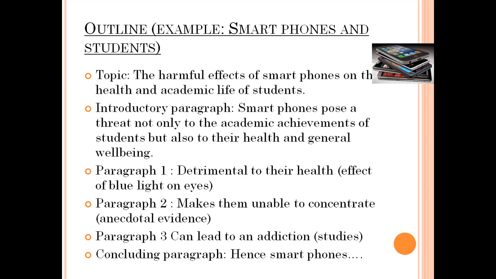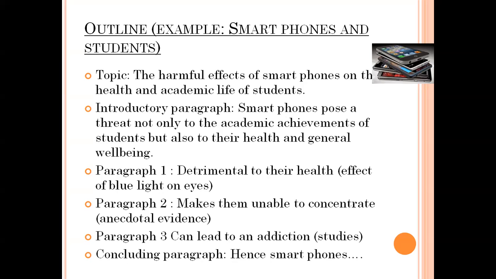Look, I have written the thesis statement over there. Okay, that's not a complete paragraph, but yes, the thesis statement is there. So in your outline, you can just write about the main point of your essay, right? Look at the question there. The topic over there is harmful effect on health and academic life, right?